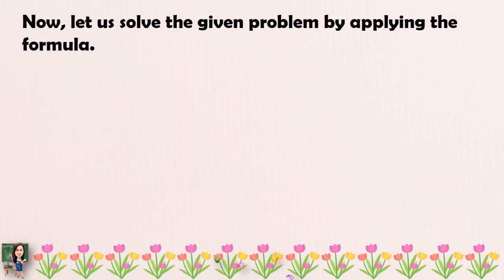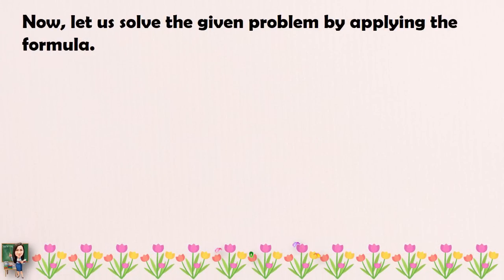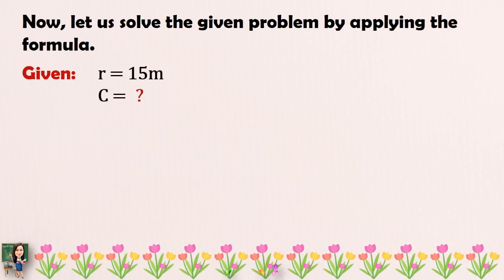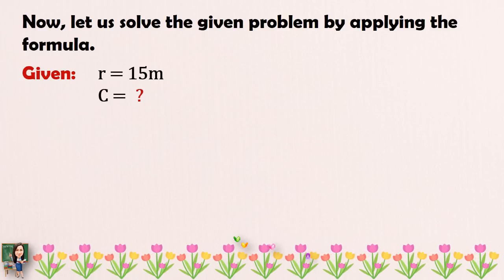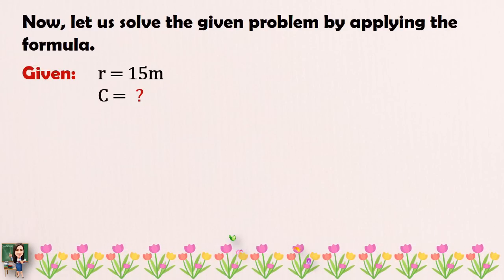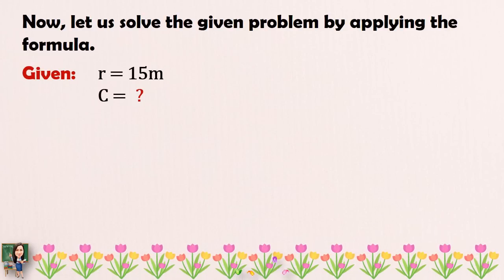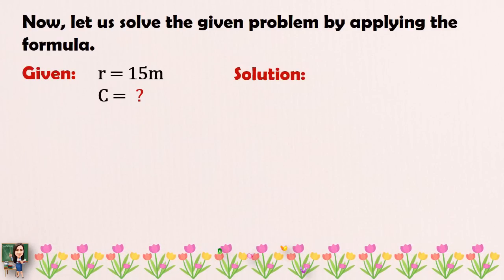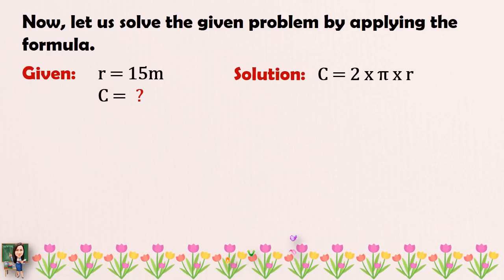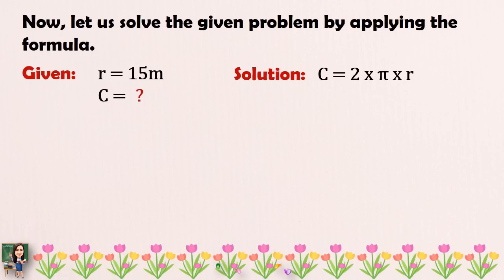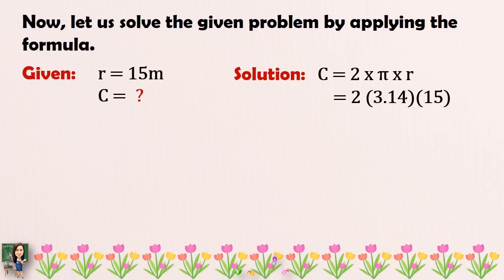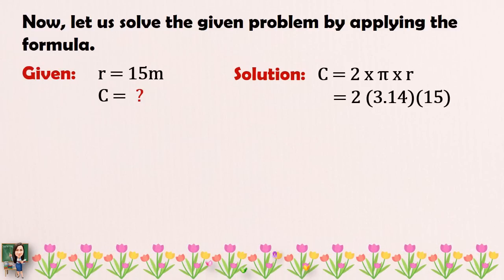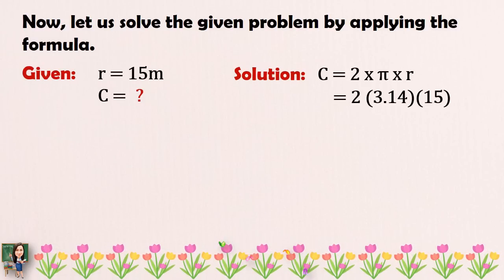Now, let us solve the given problem by applying the formula. In our example a while ago, the radius of the circle is 15 meters. Now, we have to find the circumference. Here is the solution. The formula is C equals 2 times pi times r, or 2 times 3.14 times the radius, which is 15.